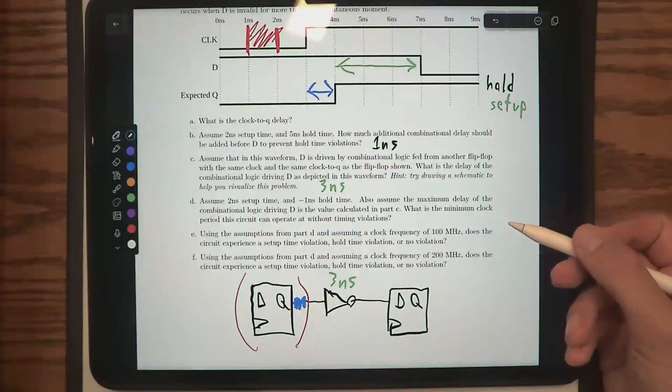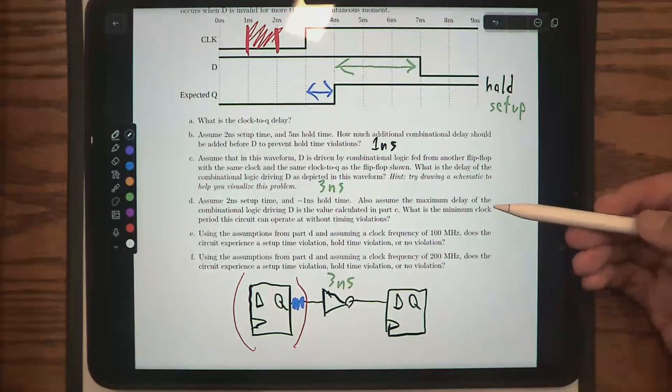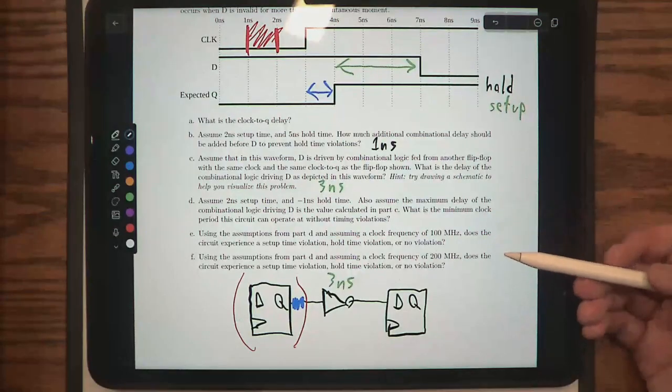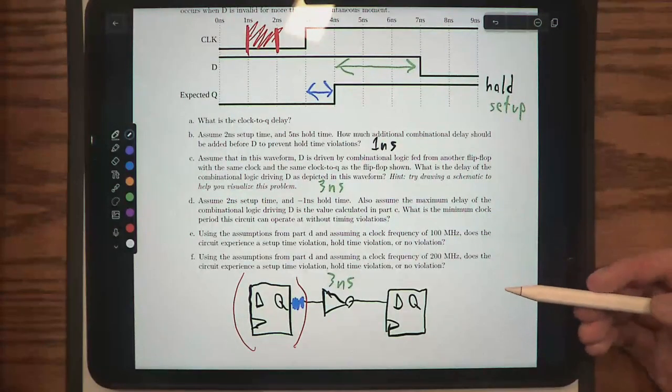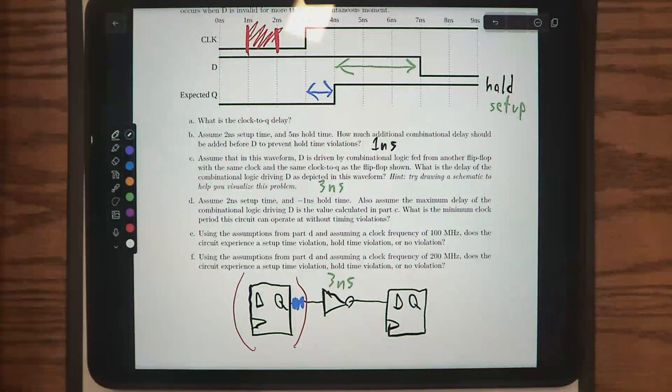What do we add up? What's the first thing? Setup time? I would say conceptually it's best to add setup time last, because after the signal comes out of the flip-flop and goes through, finally, at the end, it adds up setup time. So I would not add setup time first.